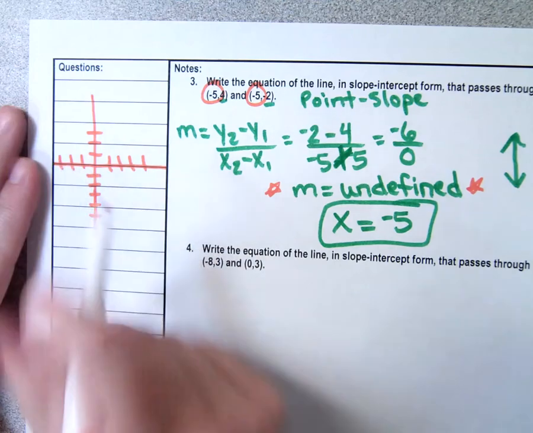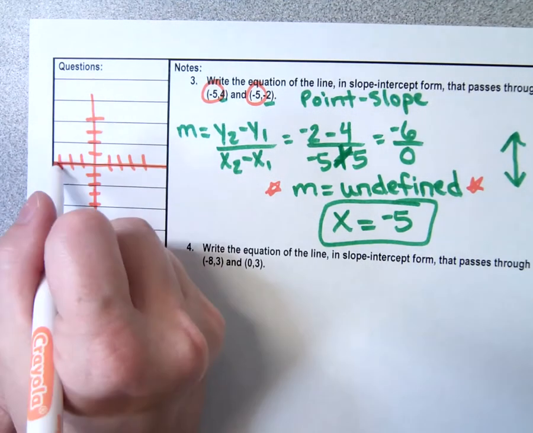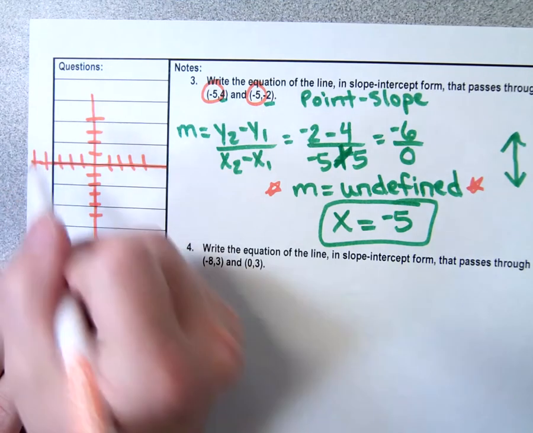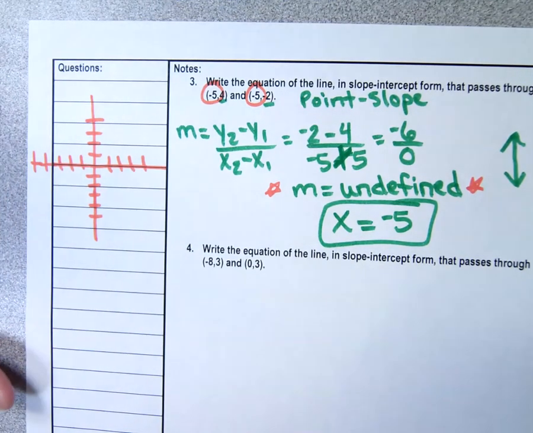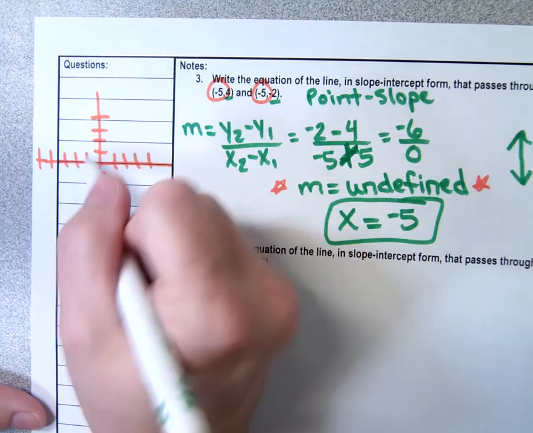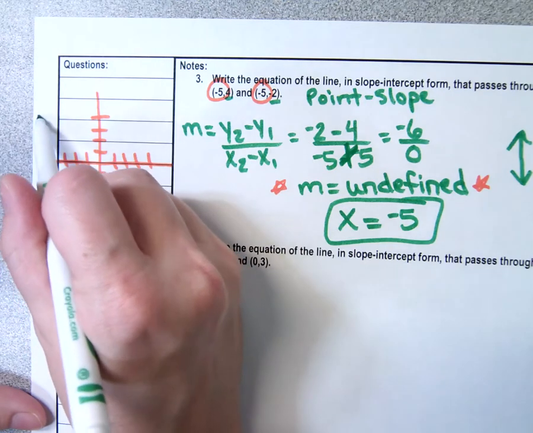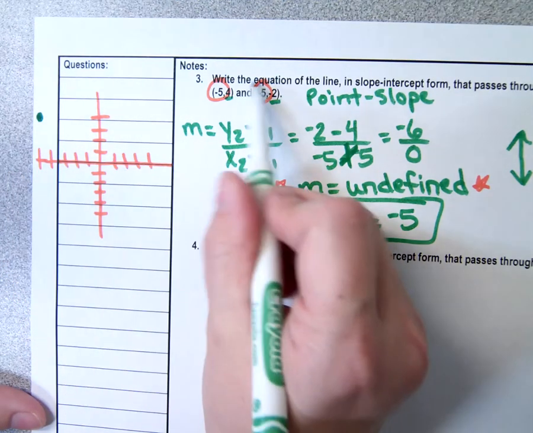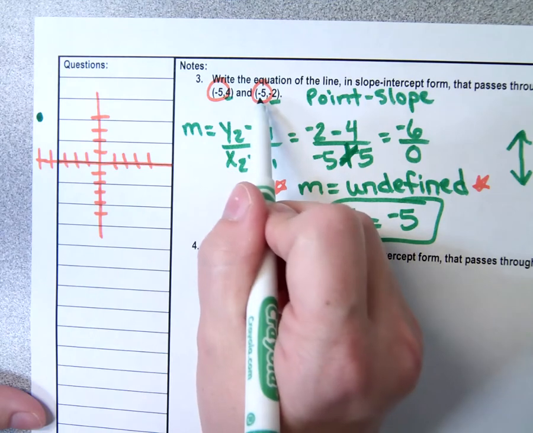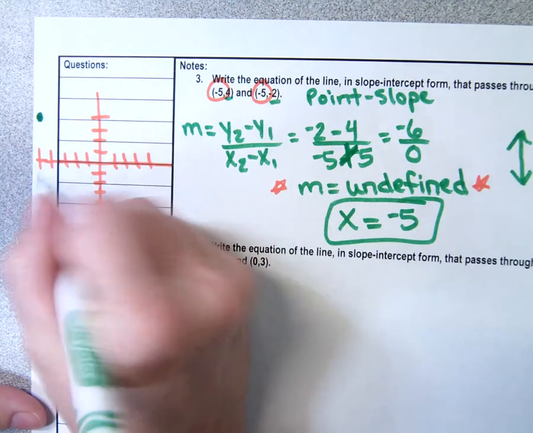Let's just plot those points real quick. If I want to plot negative 5, 4, I go left 5, up 4. If I want to plot negative 5, negative 2, I go left 5, down 2.